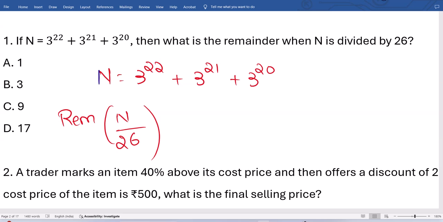Now see this. What will be your answer? When 3 power 22 plus 3 power 21 plus 3 power 20 is divided by 26, you need to find the remainder. Good question. There is something you people can learn for sure in this question.